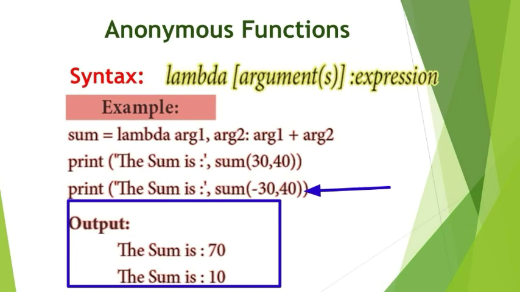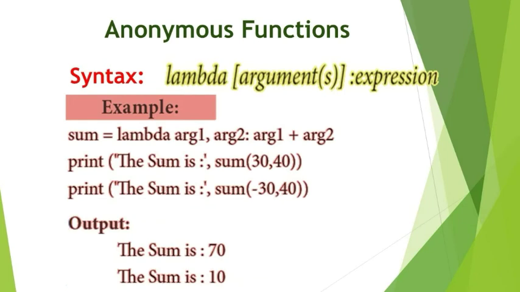So you have to add these two values, minus 30 for argument 1 and 40 for argument 2. So minus 30 plus 40 is 10. So it will be printed on the output screen: the sum is 70, the sum is 10. This result will be displayed on the output screen. So this is about the anonymous function.